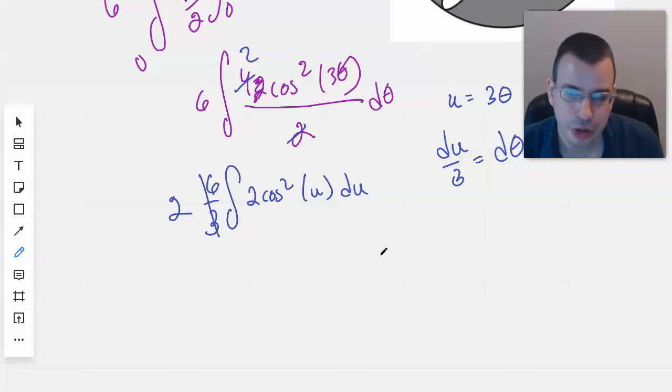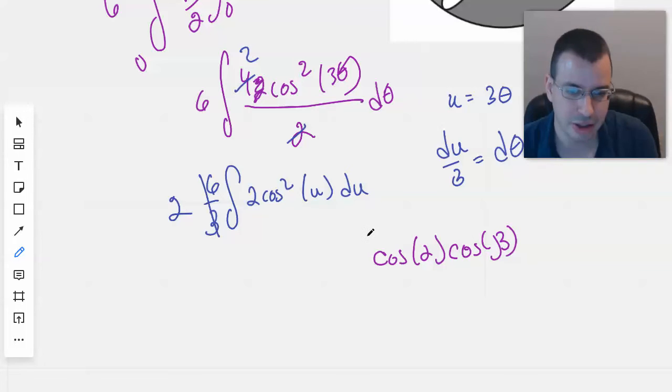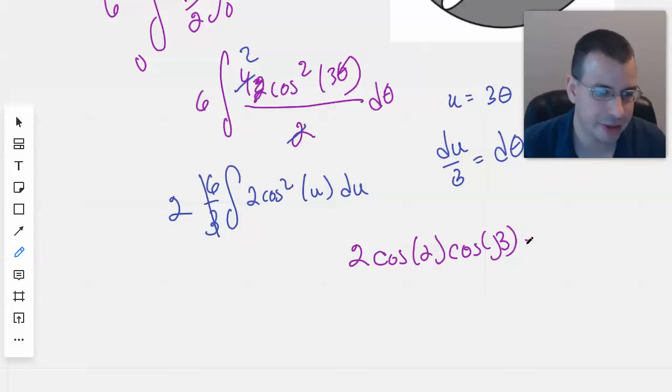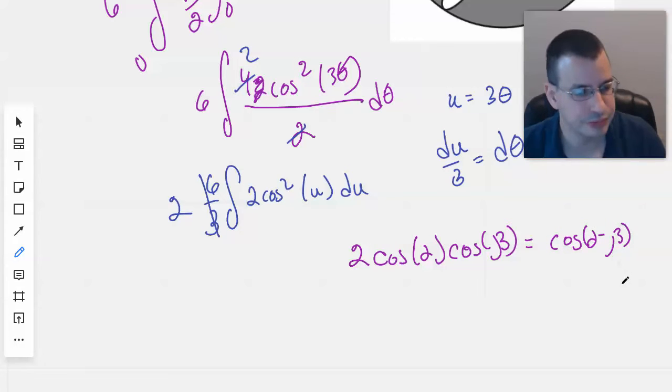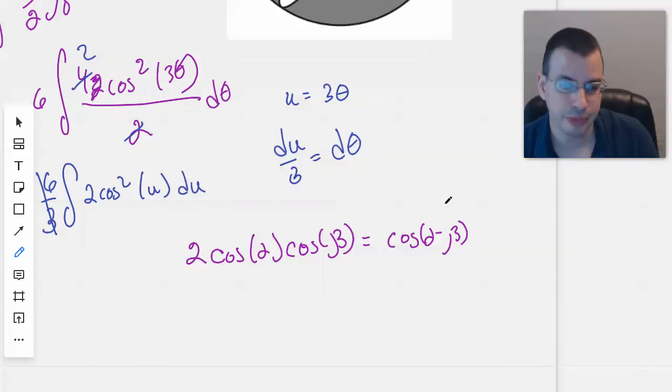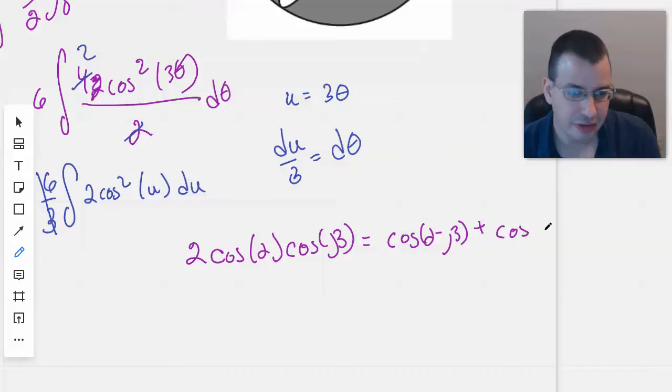So we have our formulas: cosine alpha cosine beta equals, let me give a little bit more room, cosine of alpha minus beta plus cosine of alpha plus beta.